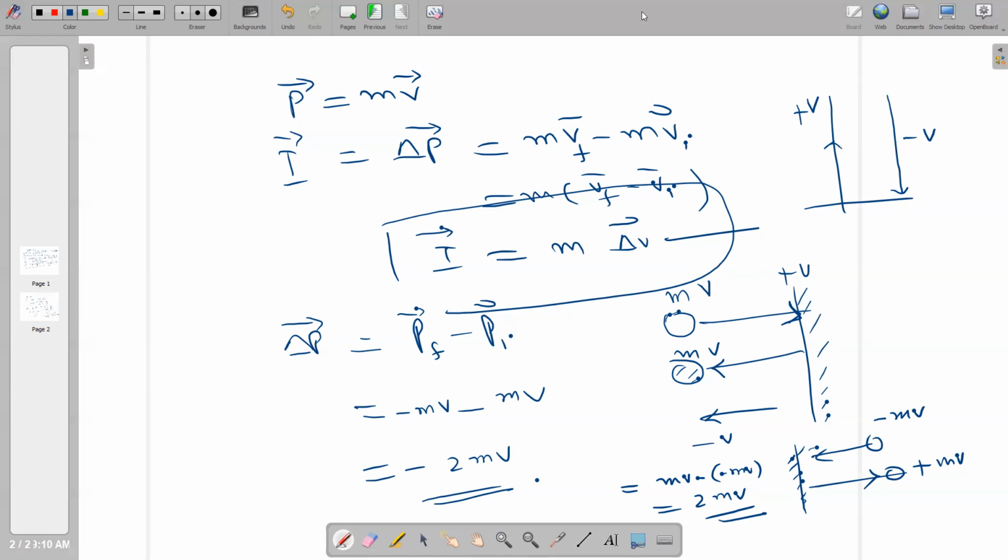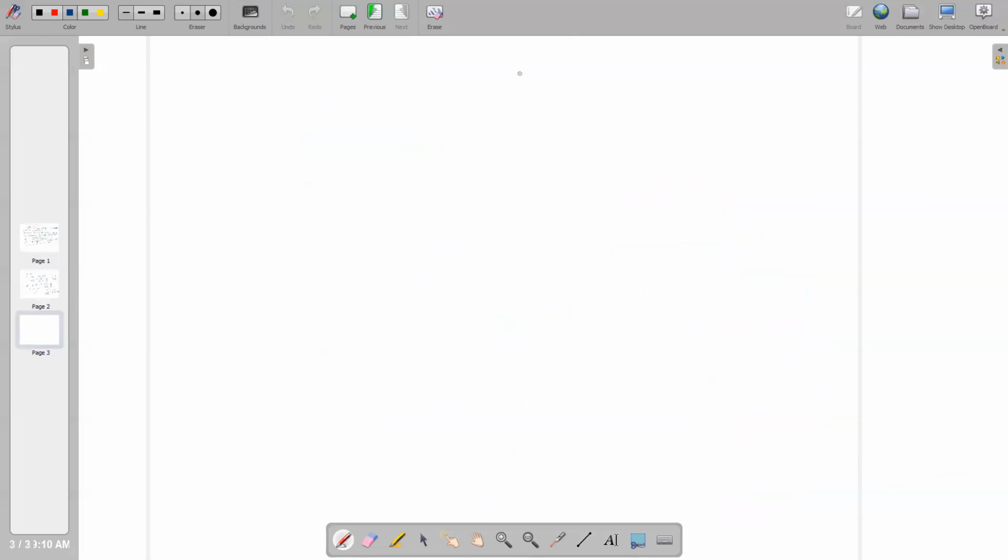After this, now I'm coming towards the collision. So the momentum, change in momentum, impulse, Newton's second law in terms of momentum, finished. Now collision. What is collision? A collision is a short duration interaction.